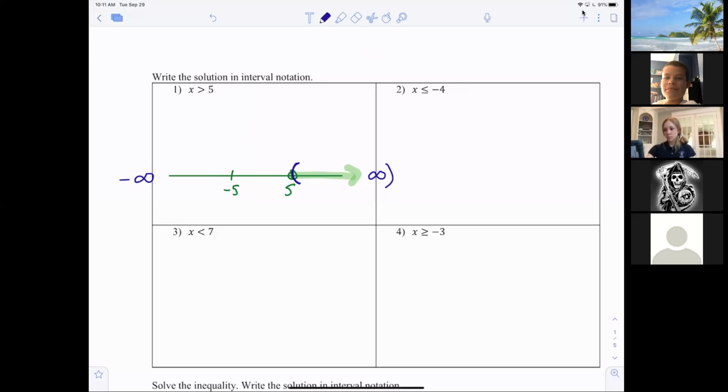So your answer is we start at 5 and we go to infinity. That is the shorthand notation for the number line greater than 5. Are we including 5? No. That's why there's a parenthesis.